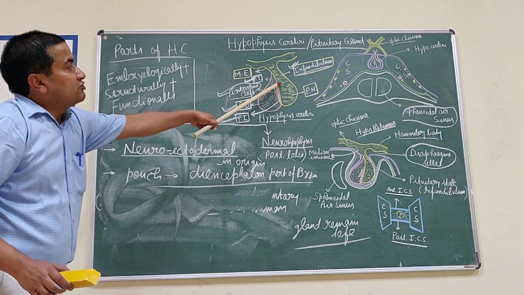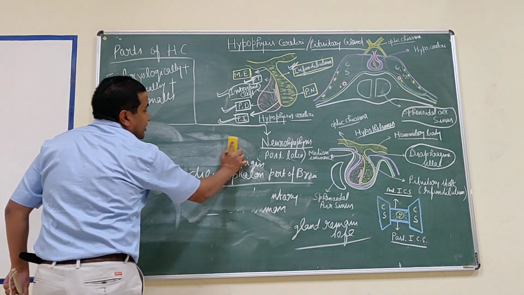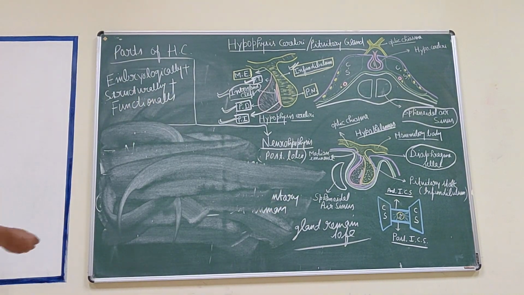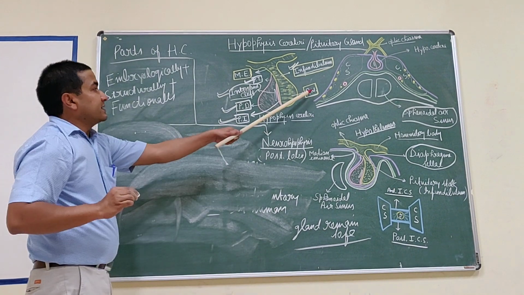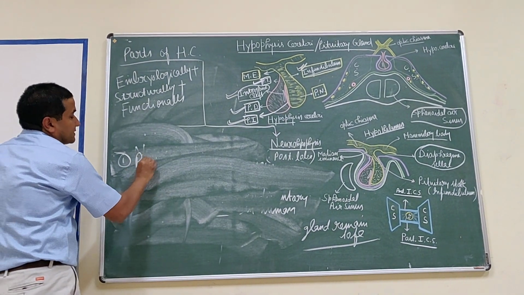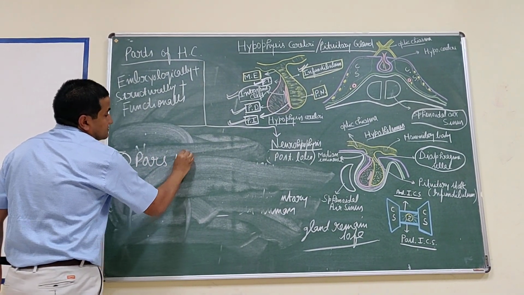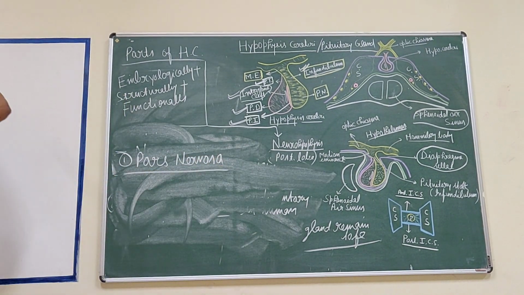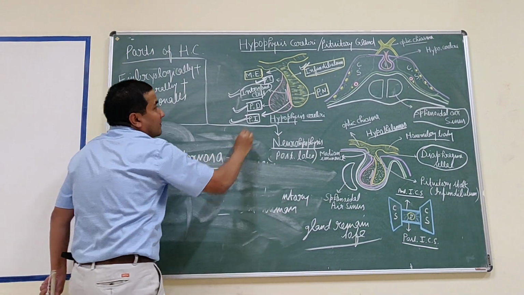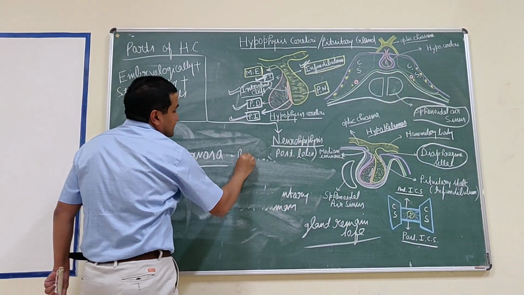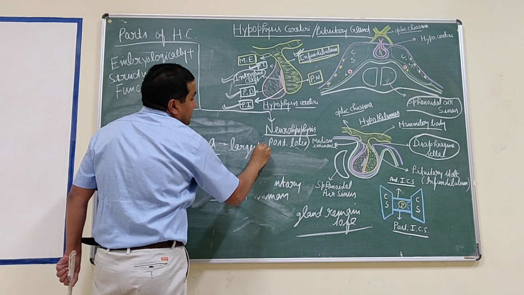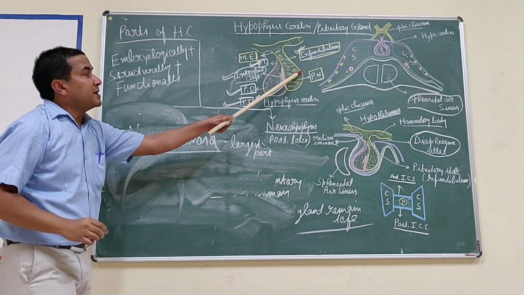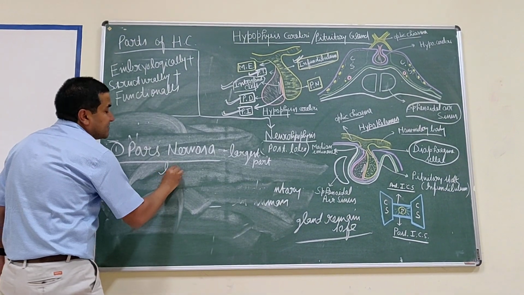This posterior lobe, neurohypophysis, is further divided into three parts. First is the PN, that is the pars nervosa. This is the largest part of this neurohypophysis, and it is situated behind the pars intermedia.